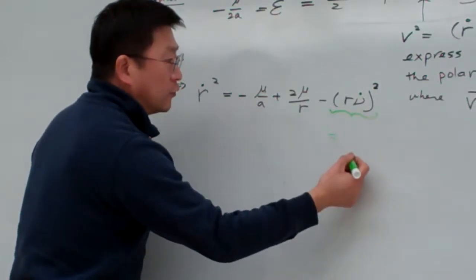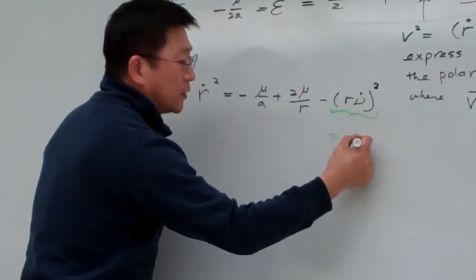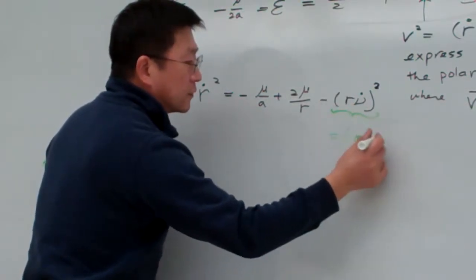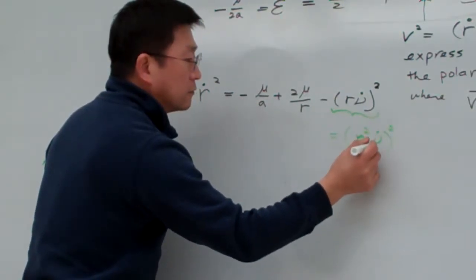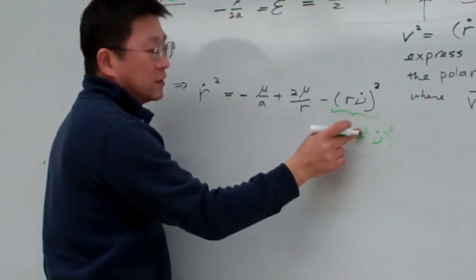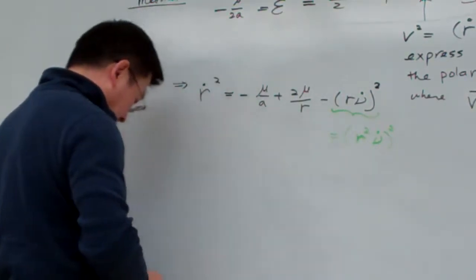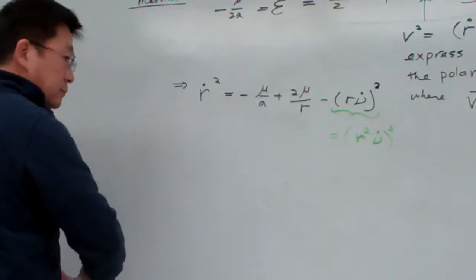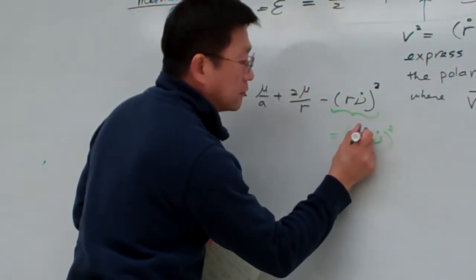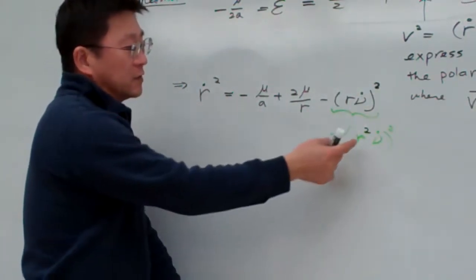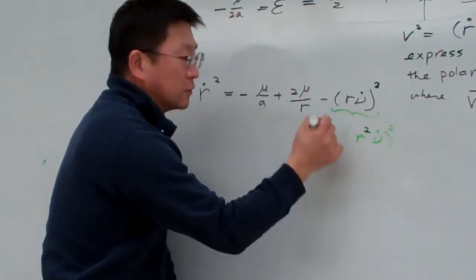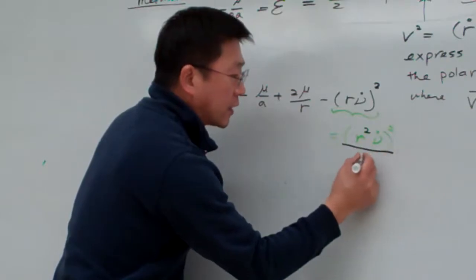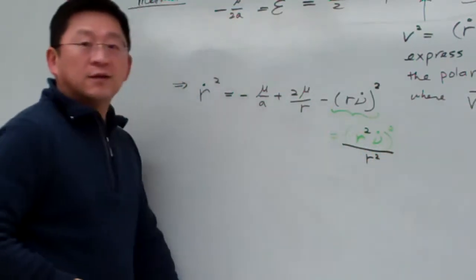This one is equal to this. Let me multiply inside the square with r squared. You can see here I multiply the square here. I want to emphasize, because in the bracket I have the square, r squared here, so to make this equal, I must divide by that one.